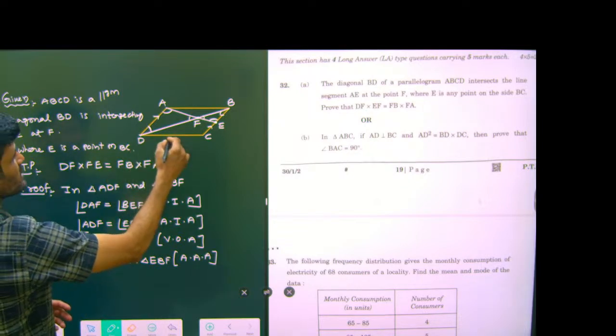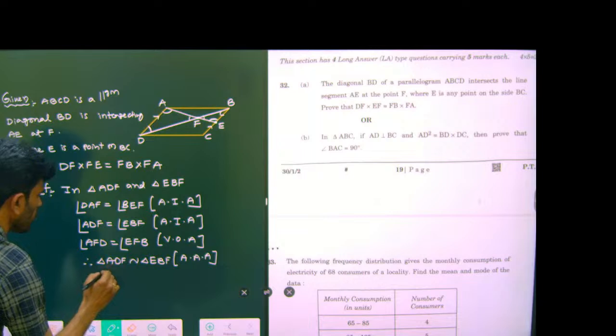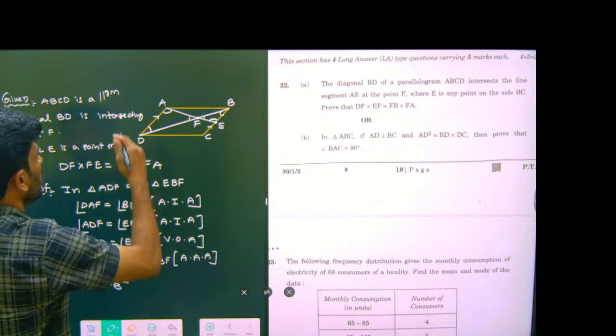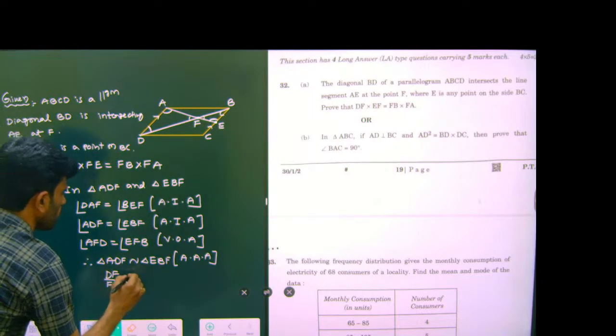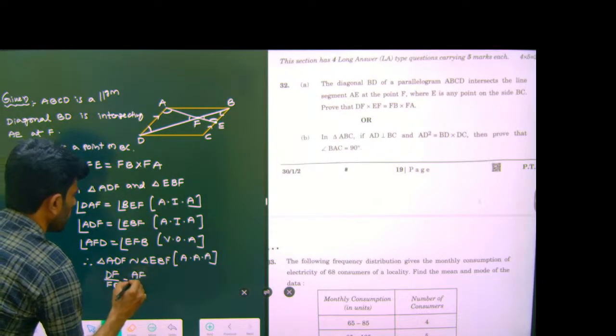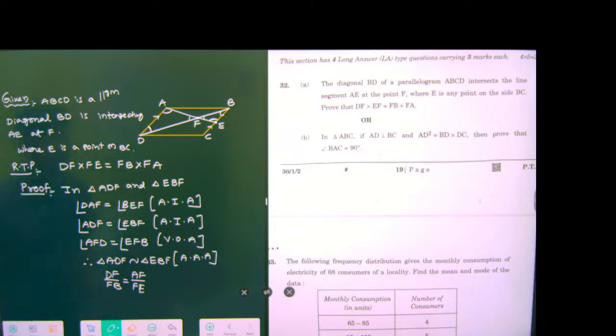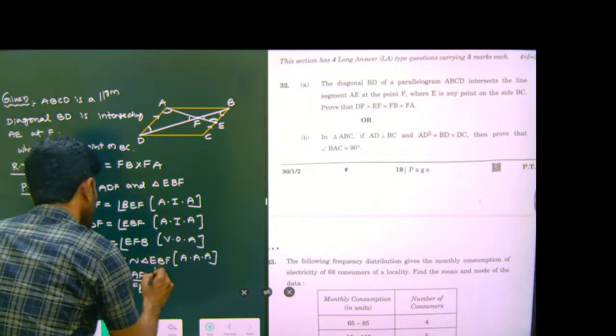What is the corresponding side of DF? FB. So we can write DF by FB is equal to AF by FE, because when two triangles are similar, their corresponding sides are in the same ratio.